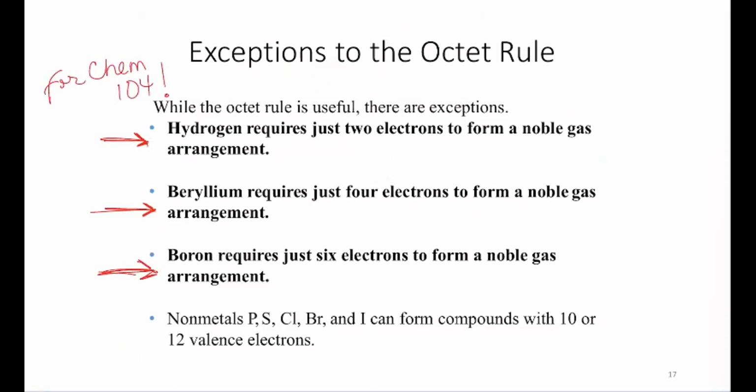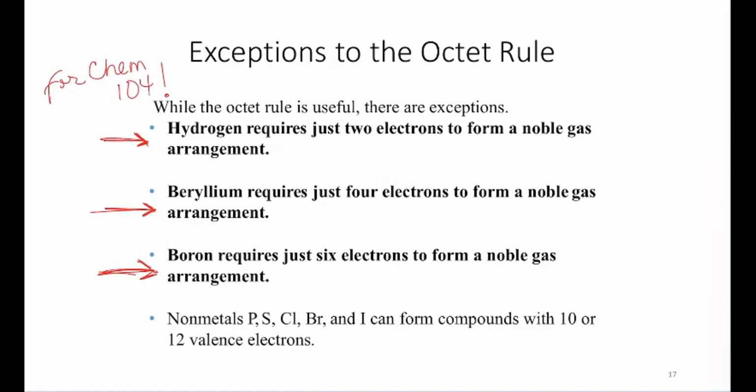For my students that may have to take Chemistry 110, or your path in education takes you to advanced courses, understand that other nonmetals like phosphorus, sulfur, chlorine, bromine can form more electrons than 8, okay? But in this class, the exceptions that you guys need to know are the ones that I illustrated with the 3 red arrows.